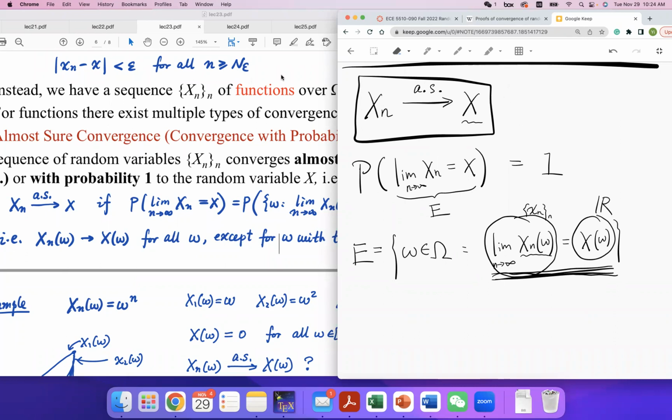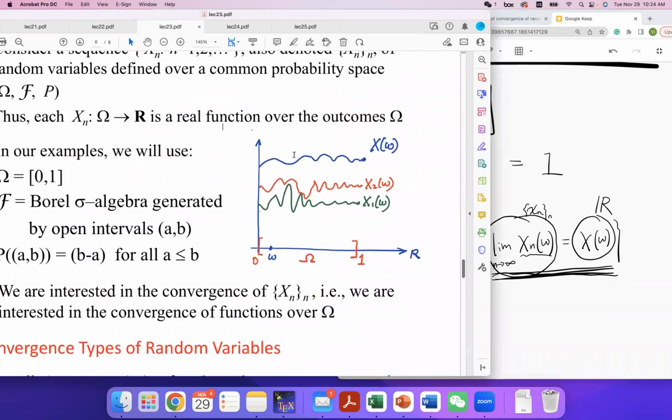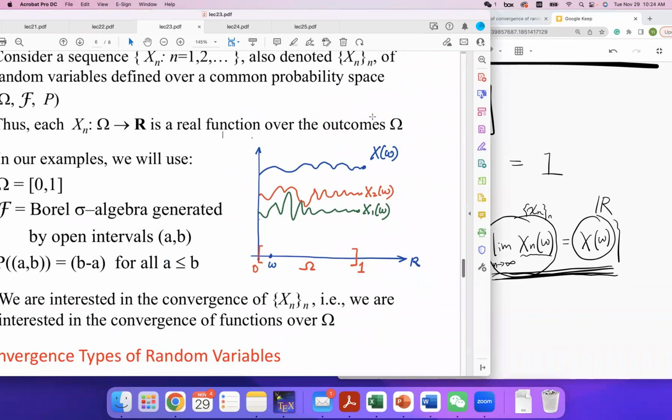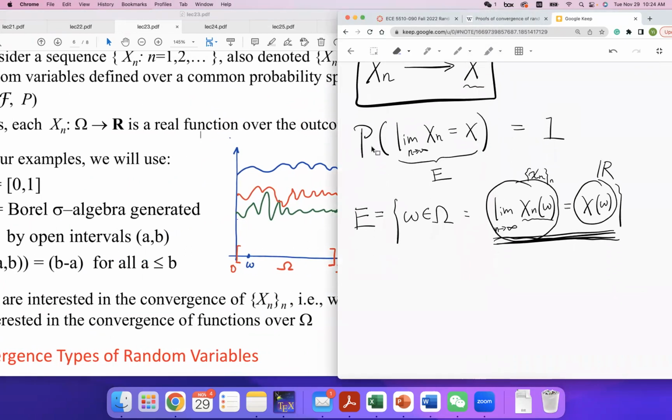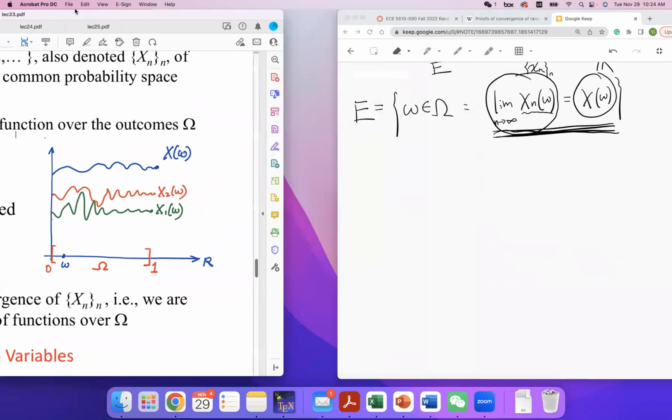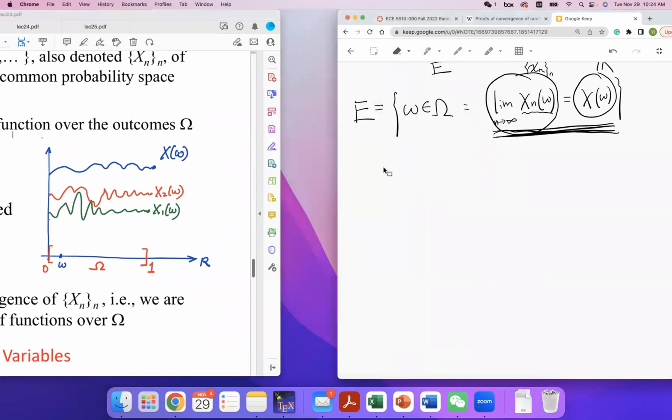We can intuitively understand this convergence definition in this picture. So this is the omega space, between 0 and 1. That's the x-axis.